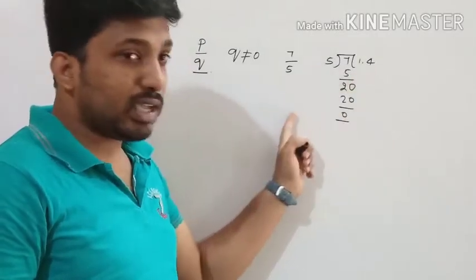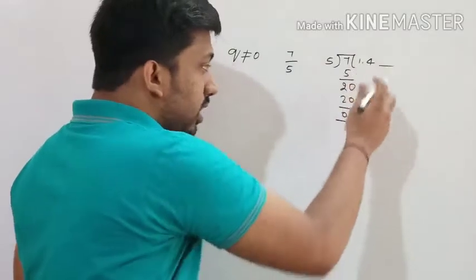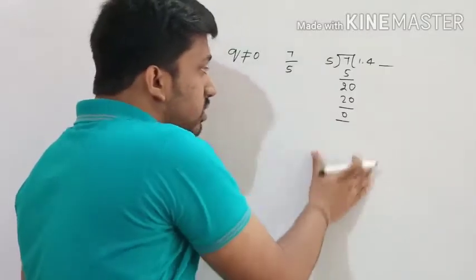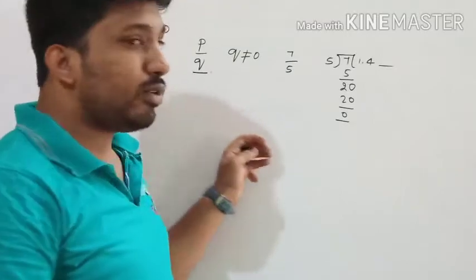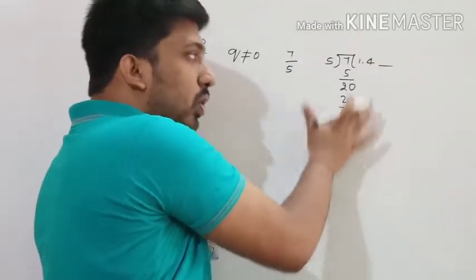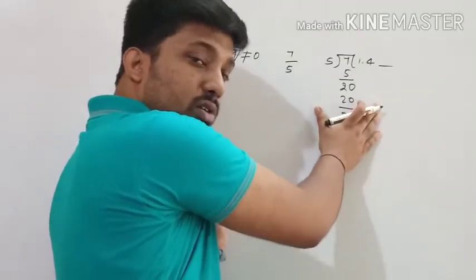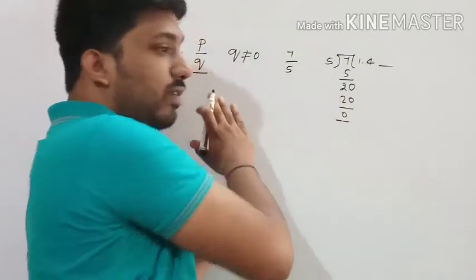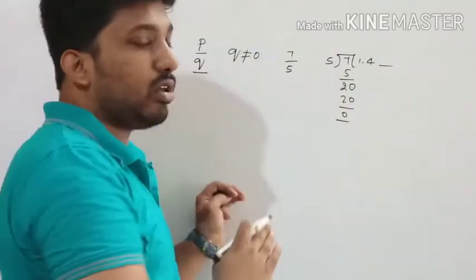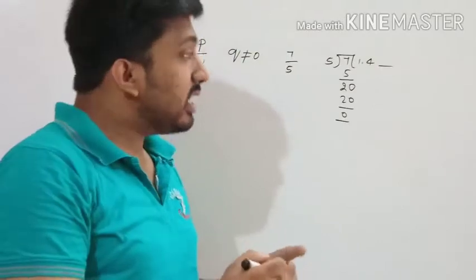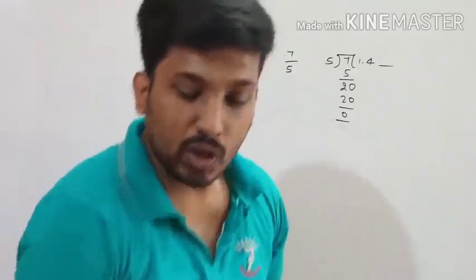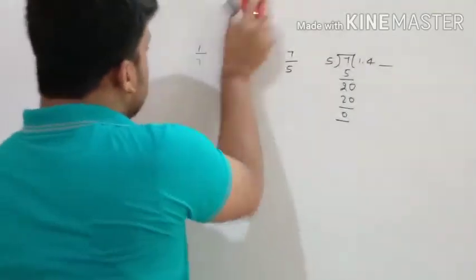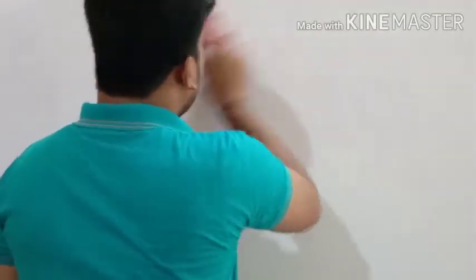But in some cases, the division continuously goes on like that, and therefore it is a non-terminating decimal. We are not going to do this actual division. Without doing this division, we are going to find out whether the fraction or decimal is terminating or non-terminating. For this we have certain formulas. If you remember that, it's enough.